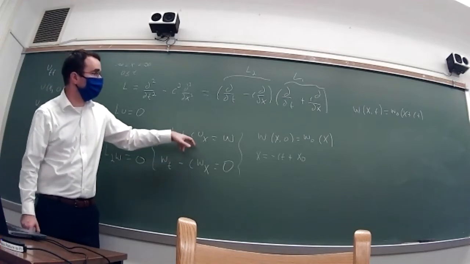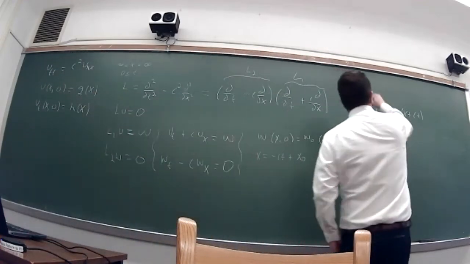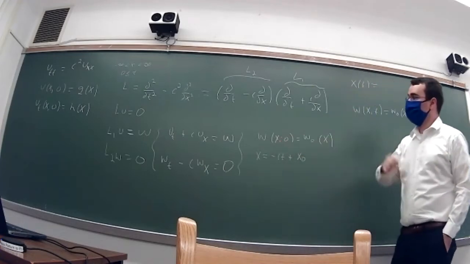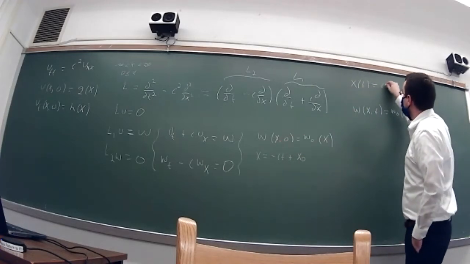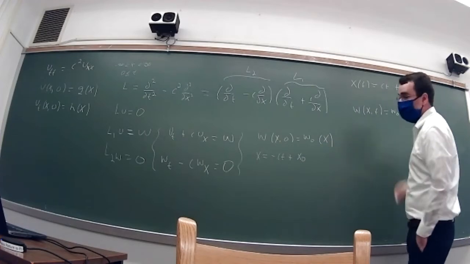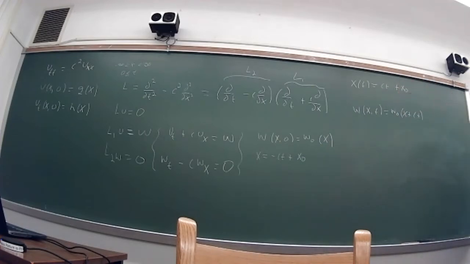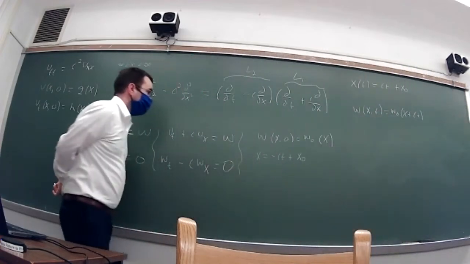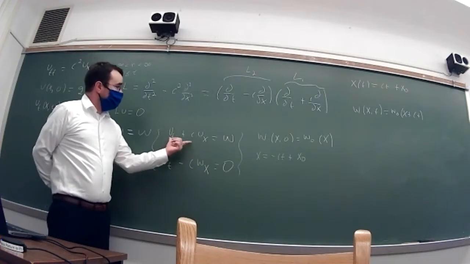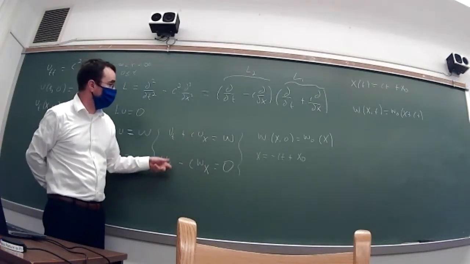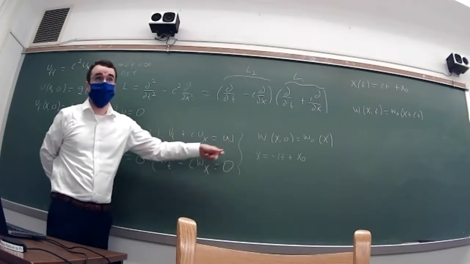So first of all, you need the characteristic. And in this case, the characteristic is different. It's going to be ct plus x naught. And now in this equation, u is playing the role that w played before, and now w is given to us.